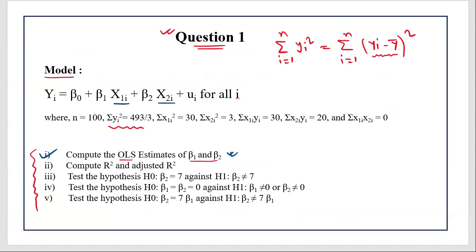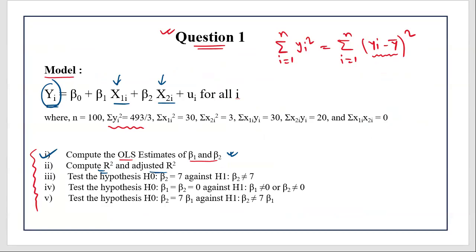R square 99% means that, on average, 99% of the entire variation of this dependent variable y can be found out using the explanatory variables, that is x1 and x2 in our particular model, right? So this is how you compute the value of R square.